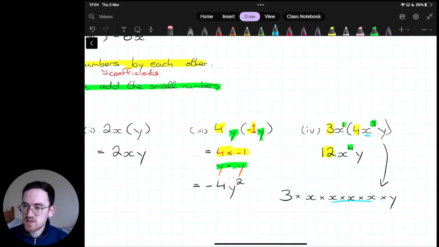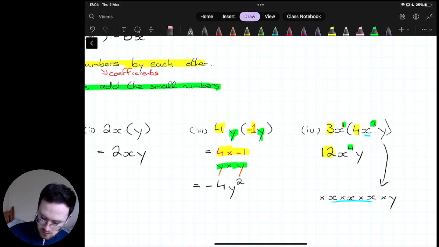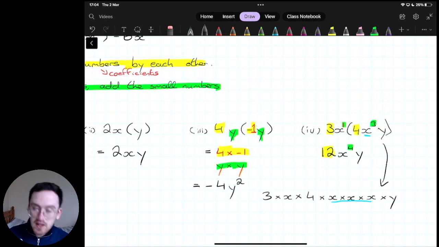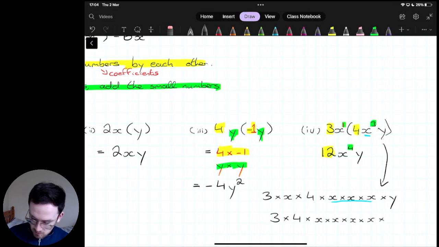Everything else is fairly straightforward and easy to see. Sorry, I forgot the 4 as well. Let's add that in. So 3 multiplied by 4. Okay, there we go, that's better. So the x cubed is there. Everything else is fairly easy to see. And if we rearrange things so that they're beside each other, 3 multiplied by 4 multiplied by x multiplied by x multiplied by x multiplied by x multiplied by y.